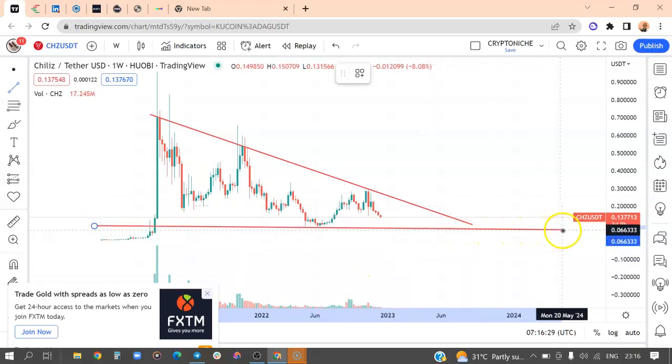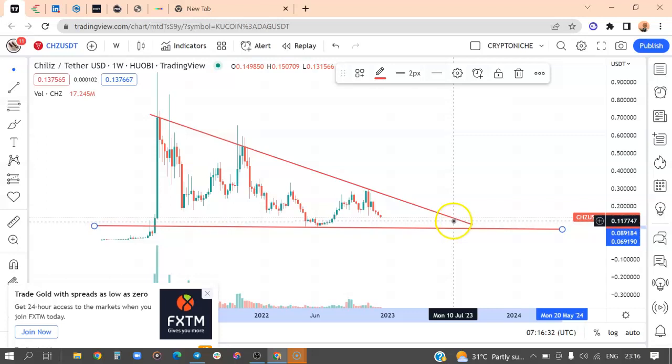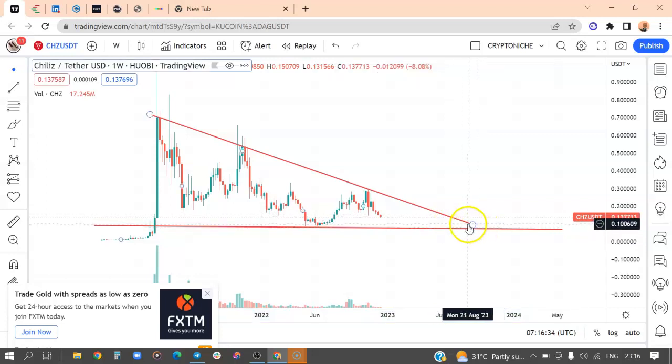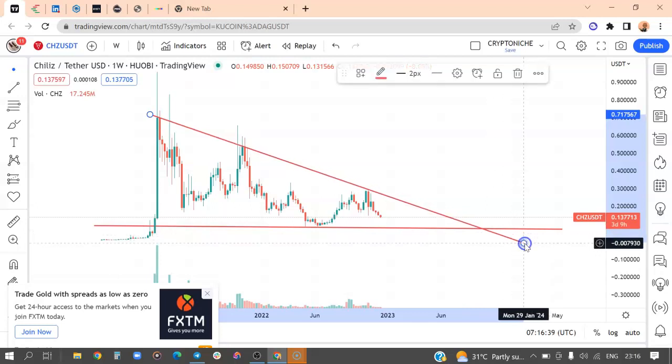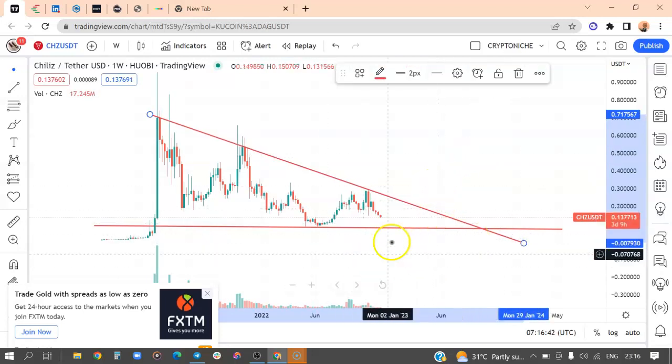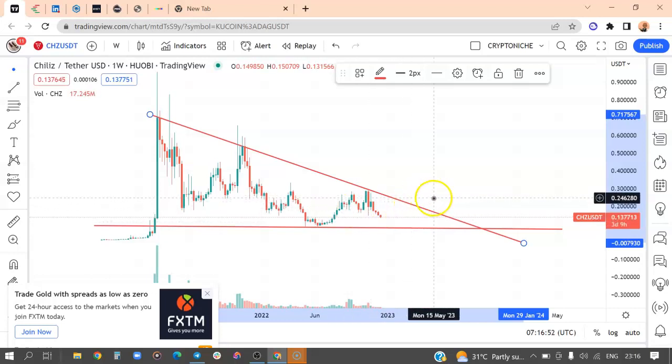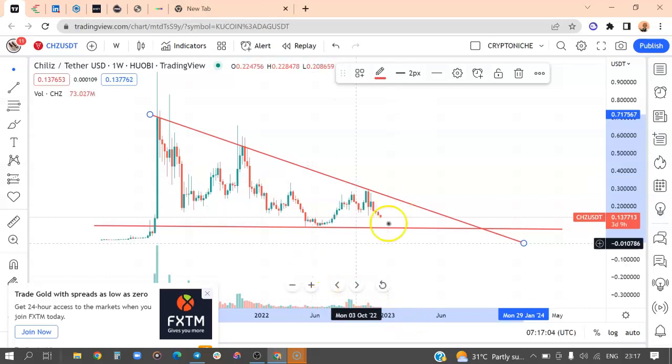So I'll stretch this a little bit to this point. Anytime that Chiliz is able to hit this triangle, you know that another lower high is about to be formed. That is when you look at the chart holistically on a weekly time frame.